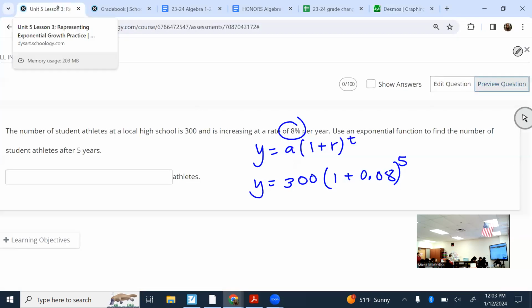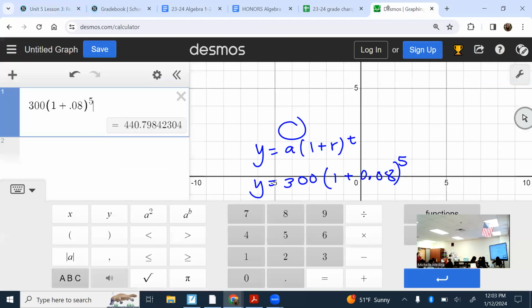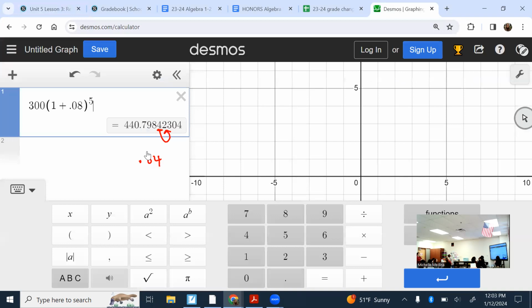Okay, so you see this answer? What is this supposed to represent? So when it represents people, don't even look at the decimal. Don't round to the whole number, because it doesn't support a full person. This data, if it's growing by that rate, doesn't support a full person.